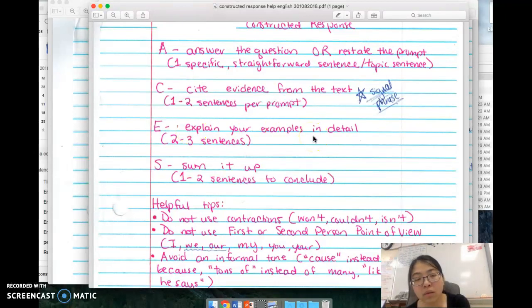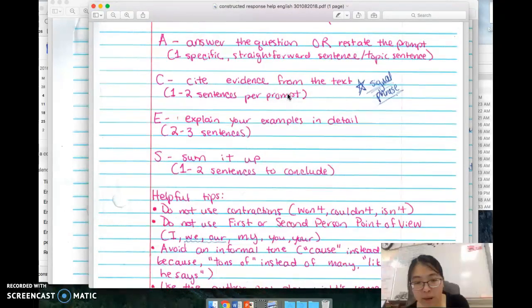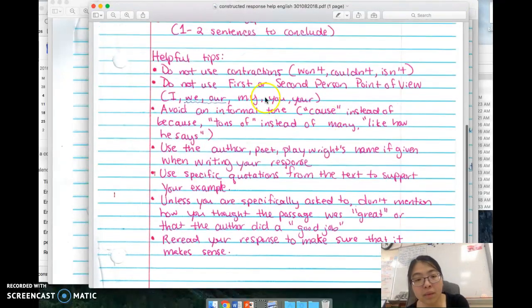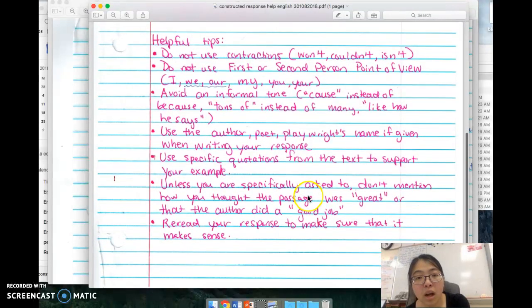So talk about and really try to analyze some of the language and the evidence that you use. Try putting it in your own words, try to identify whatever devices are being used. And then if you have time, another sentence or so to sum it all up, or maybe answer the question using different words.